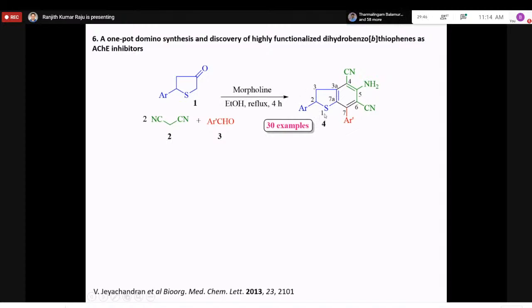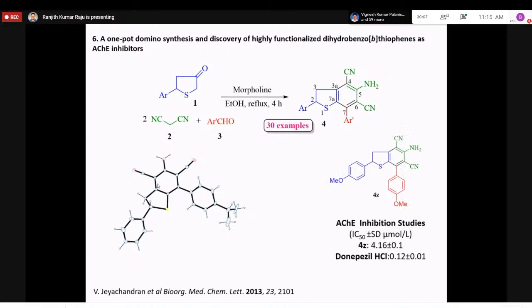So by that way, we first explored thiophenone, malononitrile, and the aromatic aldehyde as we discussed in the first example. So we got the benzene fused thiophenone ring system, and one of these compounds, we found that it inhibits the AChE.